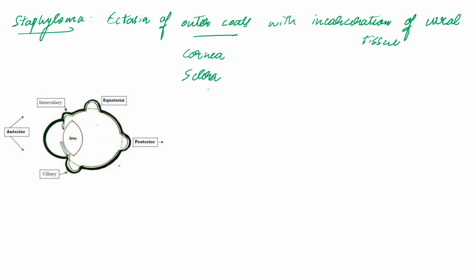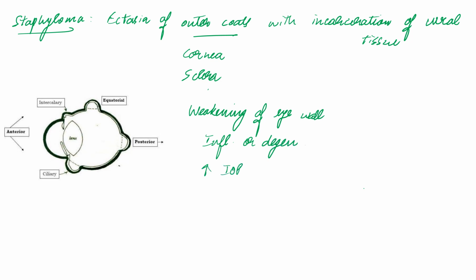Now, the pathology in case of staphyloma is weakening of the eye wall, which can be caused by inflammatory or degenerative conditions, and there is also associated raised intraocular pressure. Now, the various types of staphyloma are anterior staphyloma, intercalary staphyloma, ciliary staphyloma, equatorial staphyloma, and posterior staphyloma. We will be discussing each of them in detail in the upcoming slides.